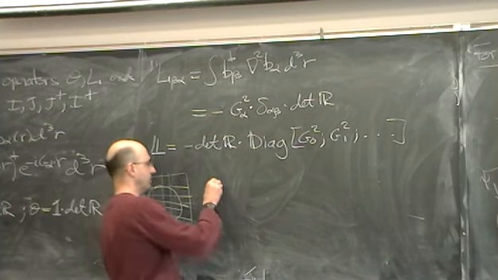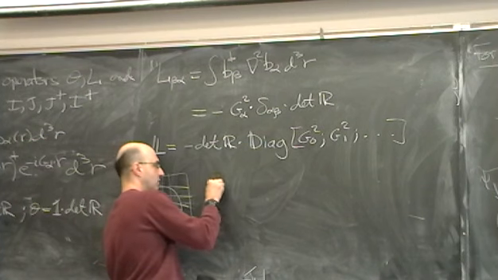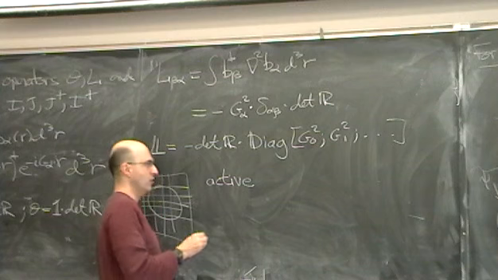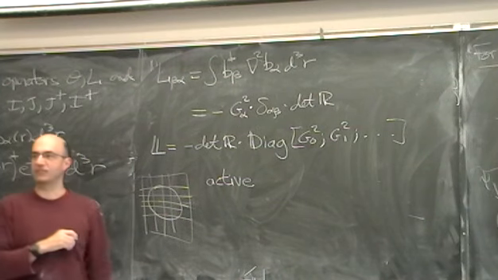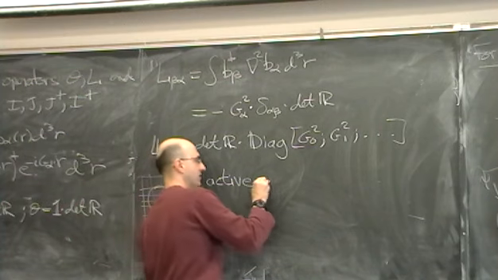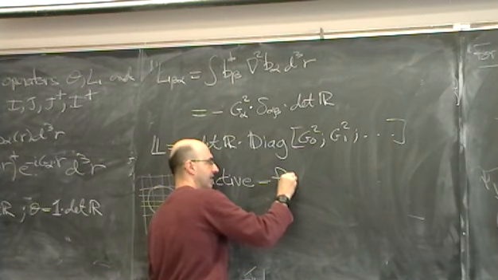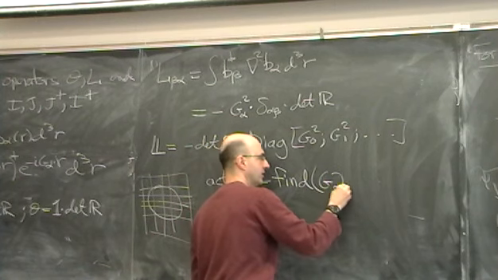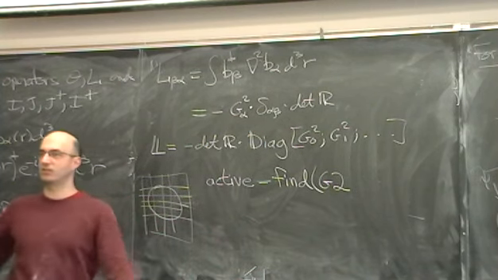And the way in Octave you would do that is you would say, we're going to call the list, say, active. So this will be an array of which G vectors actually live inside the sphere that we're going to use. And the way you do that in Octave is you just say, find. You had a quantity called G2 on your assignment, which was the list of all the G squareds.